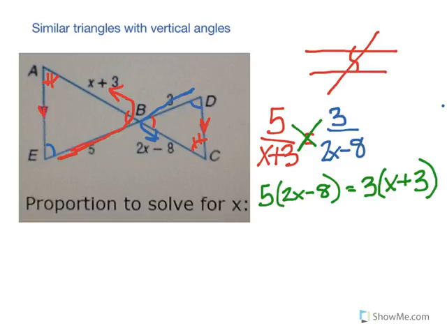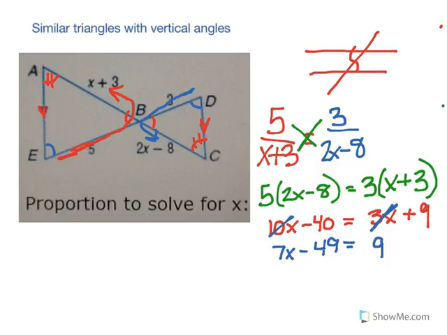Distribute on both sides with 10x, and then 5 times negative 8 is negative 40. And then I go through the whole process. If I go too fast, you can always pause and catch up. So I'm eliminating a 3x and my 9 is left. Eliminating a 3x and I have 7x left.